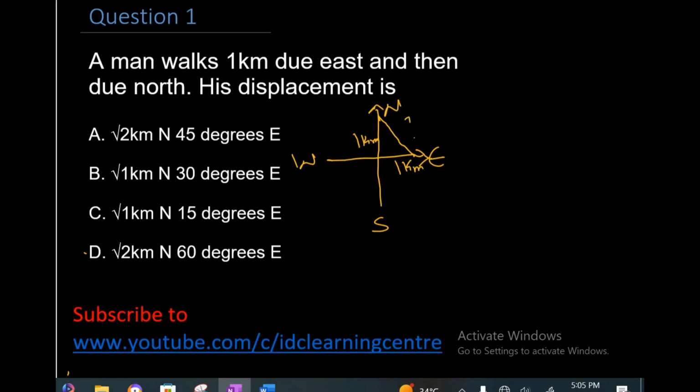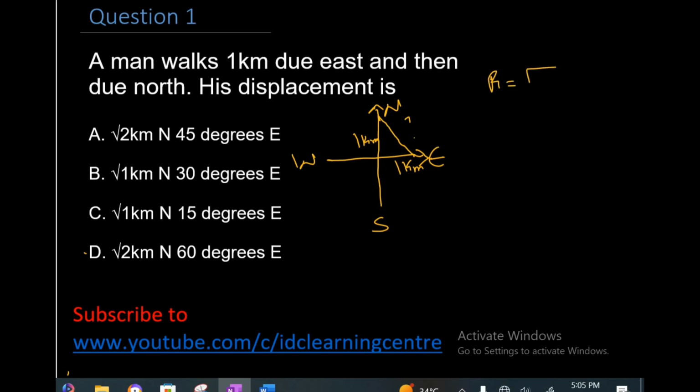From what we have here, it forms a right angle triangle. To find the long side, which is the hypotenuse, we're going to make use of the Pythagoras theorem. The square of the hypotenuse is the sum of the squares of the two other sides. Let's represent our hypotenuse with r.